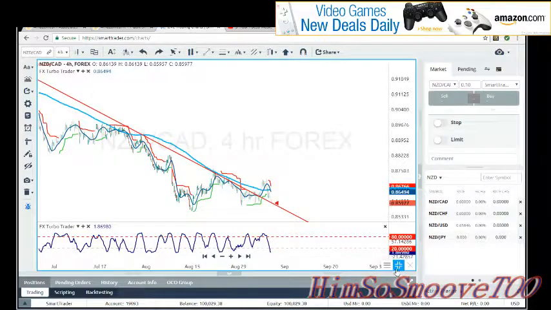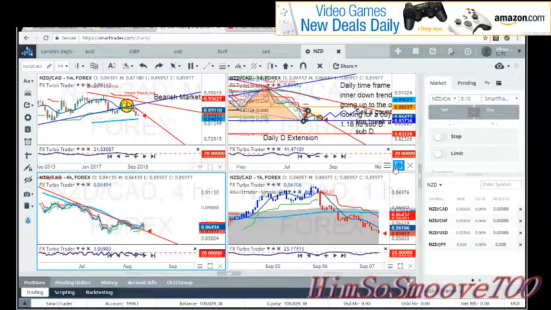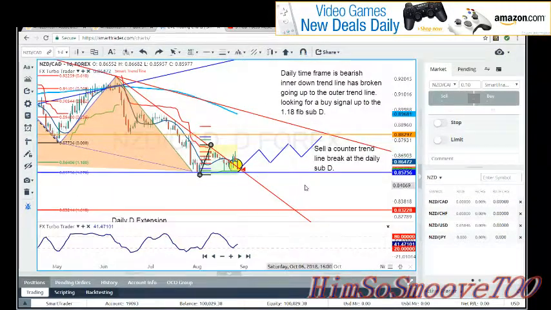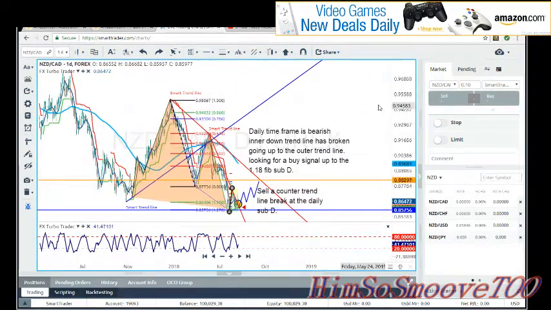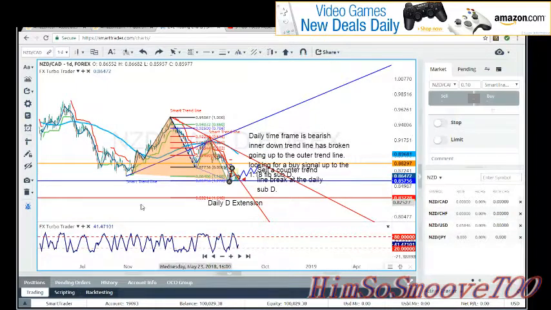Remember that overall bearish movement is, according to the crown, it is, go back to the daily time frame, that is 271 pips away.